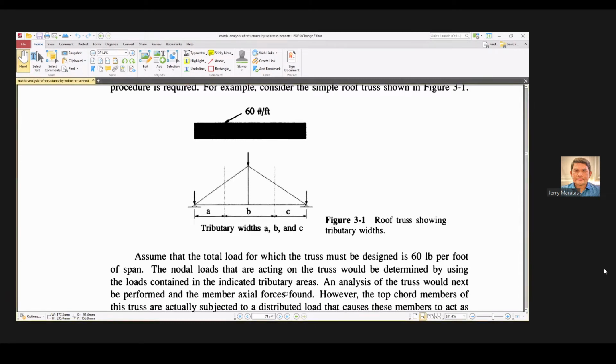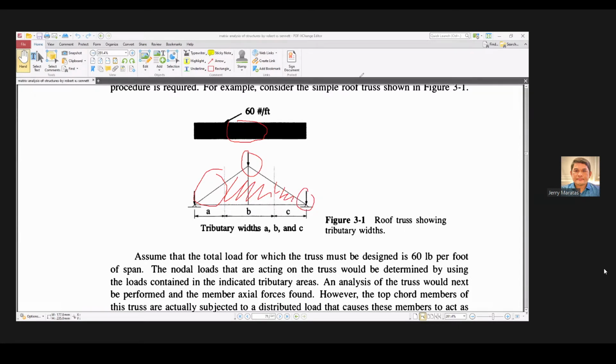The nodal loads that are acting on the truss would be determined by using the loads contained in the indicated tributary area. So mura nato siyang i-divide, no? So for example, kanin siya nga case, okay, so kanin siya ibahin dire gibutang nato sa nodes, no? Sa nodes. So kani pud siya dinhi nga portion o distributary area, so kani pud siya, no? Then kaning nabilin nga tributary area dire na pud.